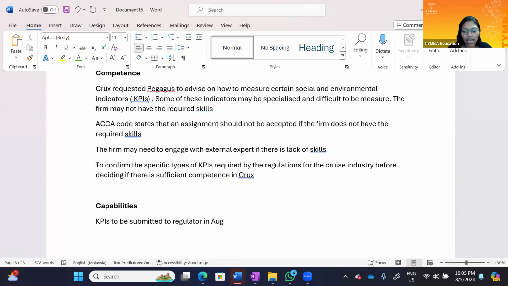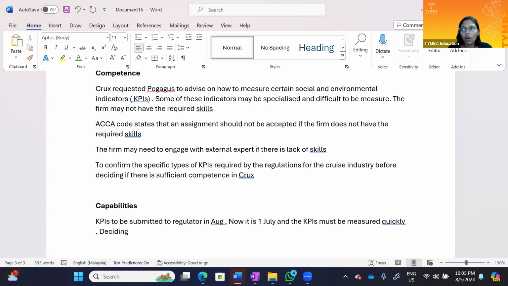Now it is 1st July, and the KPIs must be measured quickly.